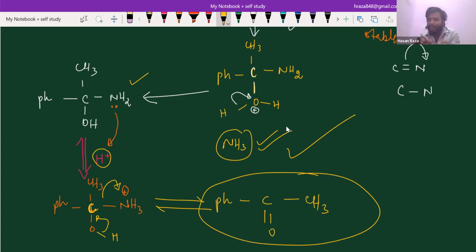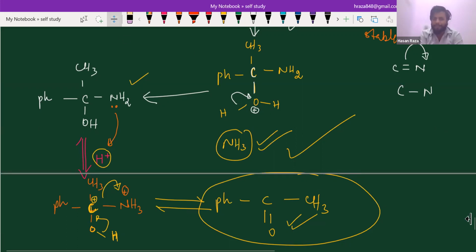Since nitrogen takes an electron from carbon, carbon will have a positive charge, and to satisfy the valency of carbon, oxygen will take an electron from hydrogen and give it to carbon and make a double bond. So this is the mechanism behind this. The mechanism of this will not be asked. Is that clear? Yes, sir.